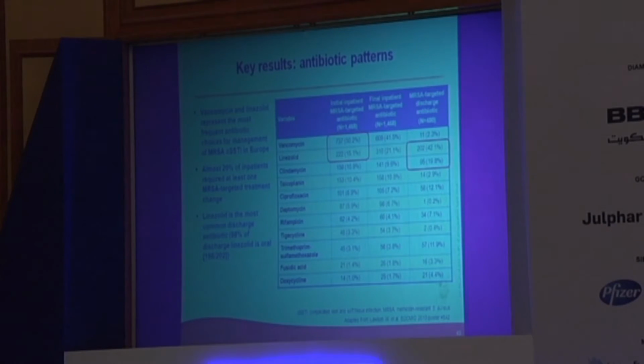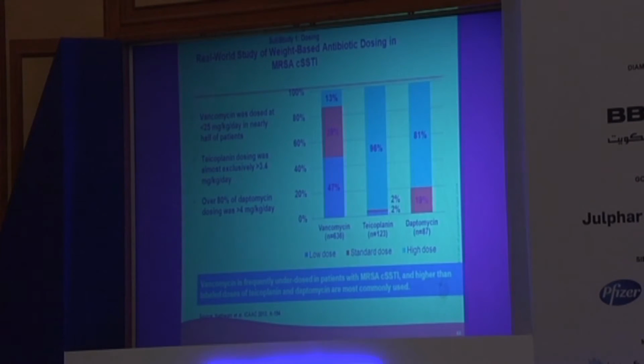Majority were discharged on linezolid. Some, interestingly, on clindamycin, so they must have that susceptibility pattern. And interestingly, a small percentage, 11.9%, on cotrimoxazole. So these were the kind of oral antibiotics clinicians were using to discharge their patients with proven MRSA skin and soft tissue infections.